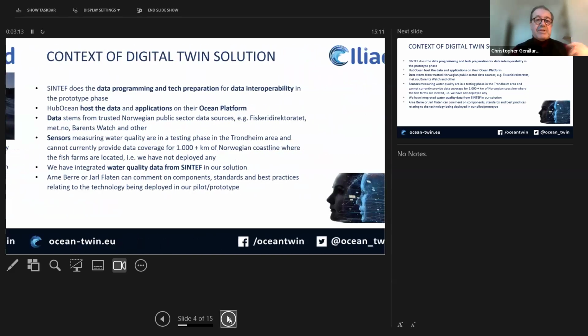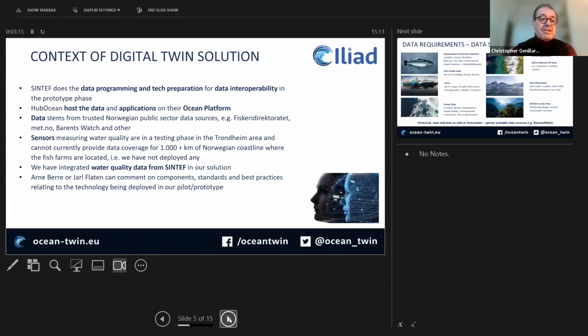In the context then of a digital twin solution, SINTEF, we are the business architects. SINTEF do the data programming and the tech preparation, make the data interoperable in this prototype phase. HubOcean hosts the data and the applications on their Ocean platform. And then all the data that we're gathering is from trusted Norwegian public sector data sources. Fiskeridirektoratet is the authority that looks after fishing generally, not just the fish farming.